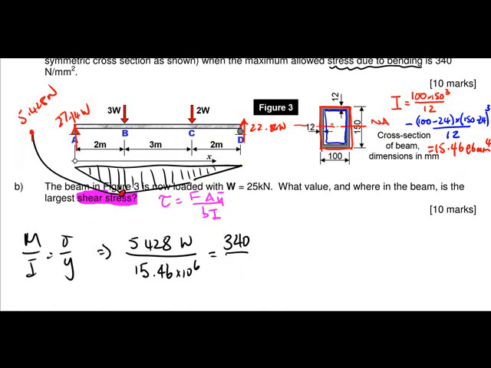To find the largest stress, you go from the largest vertical distance from the neutral axis, so that would be 75. That gives us a W of 12.9 times 10 to the 3 newtons, or 12.9 kilonewton. Okay, so that's part A.